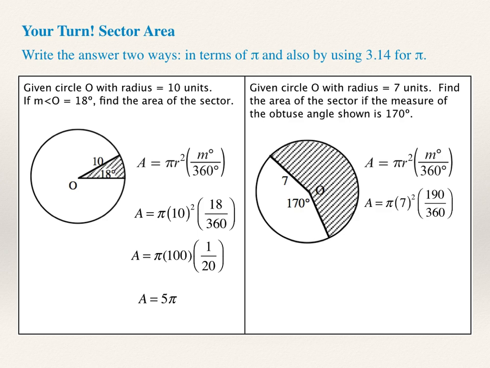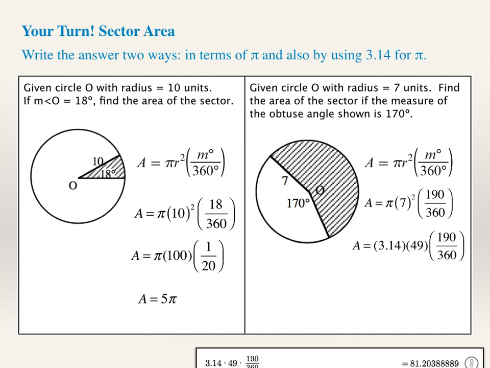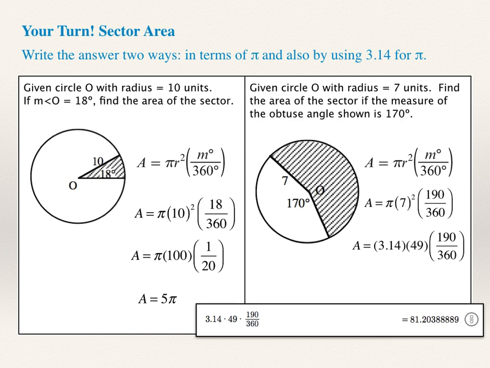Go ahead and type that into a calculator, but this time use 3.14 for pi. And round your answer to the nearest hundredth. Let's see if we agree on the sector area of this circle. So rounding to the nearest hundredth, the area would be approximately equal.